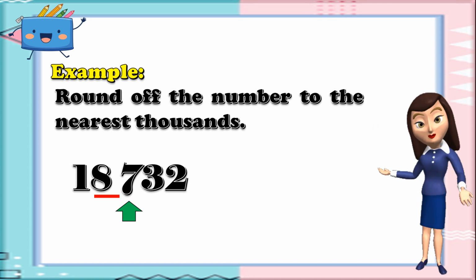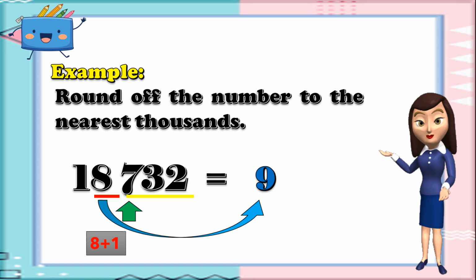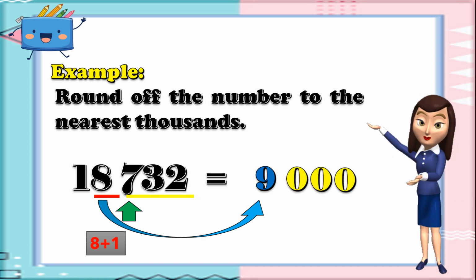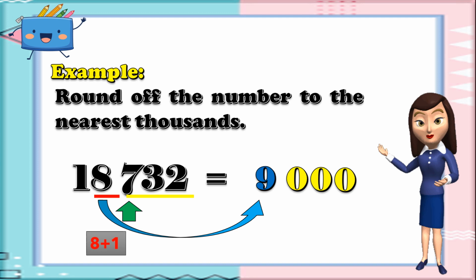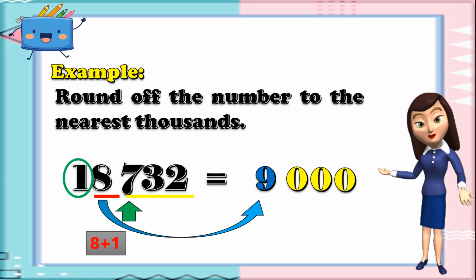So, ang rounding digit natin ay 8. So, 8 plus 1 ay magiging 9. Then, ang 732 ay papalitan natin ng zeros. So again, what will happen to 1 o sa number sa kaliwa ng rounding digit? So ang 1, hindi naman kasama siya sa na-round off kanina.